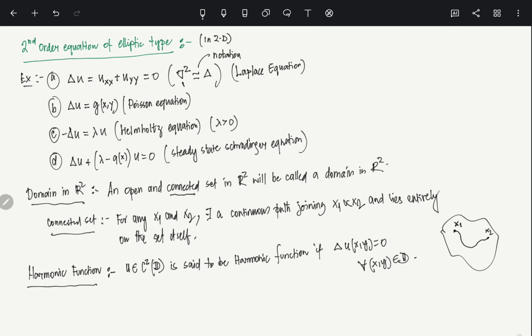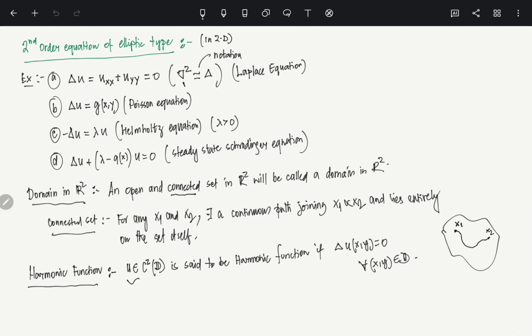Now you see, in this whole thing, I used the fact that u is in C2 of D. What does it mean? It means that all second order derivatives exist. So in 2 dimensions, what are the derivatives? uxx, uyy, uxy and uyx, and these two are basically the same, by mixed derivative equality.